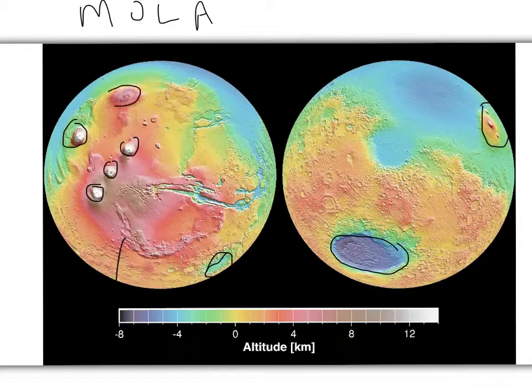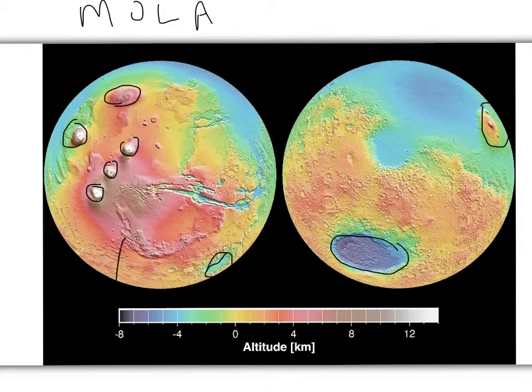This is Alba Patera. Not as tall as the other ones, but what do you notice about the size of it? It's much wider. Okay, it's a much shallower shield volcano. If you take a look at the actual mass of material that was erupted in Alba Patera, it's actually larger than these Tharsis Montes volcanoes that are sticking up higher.